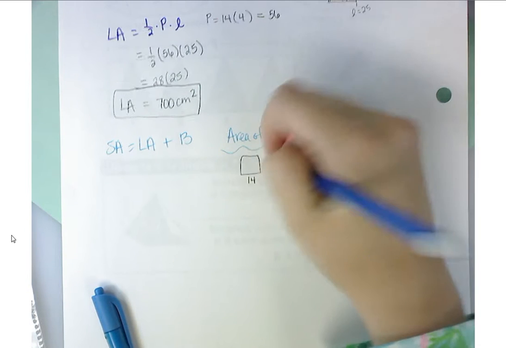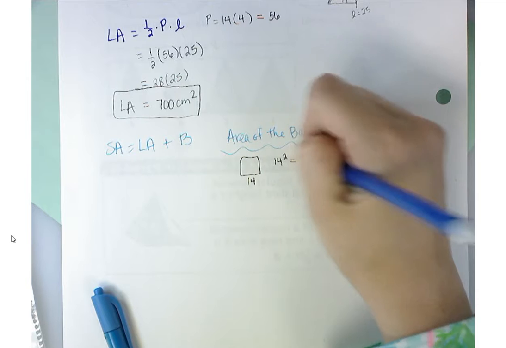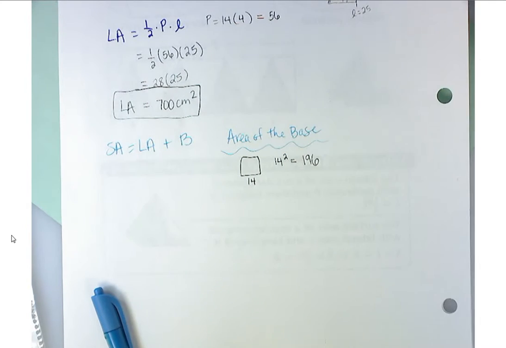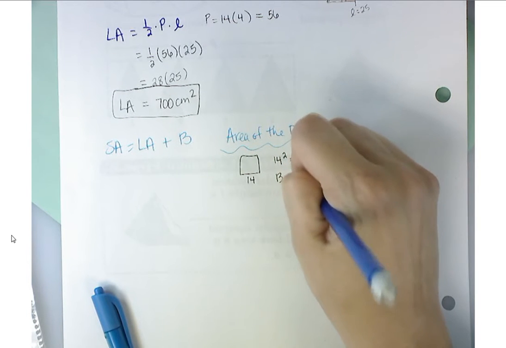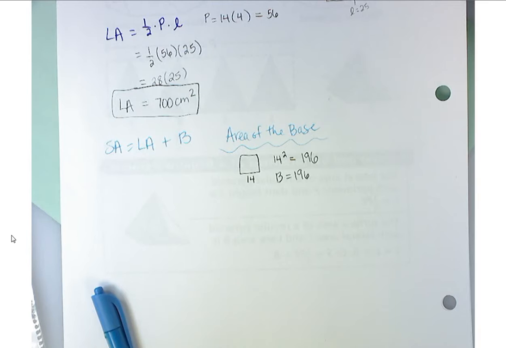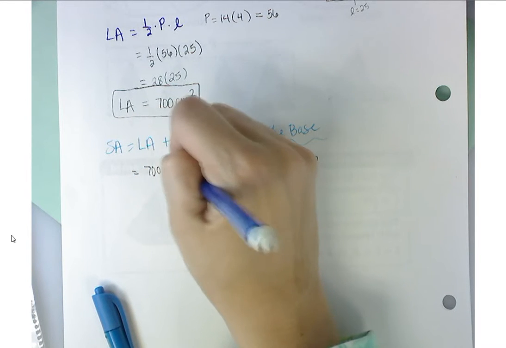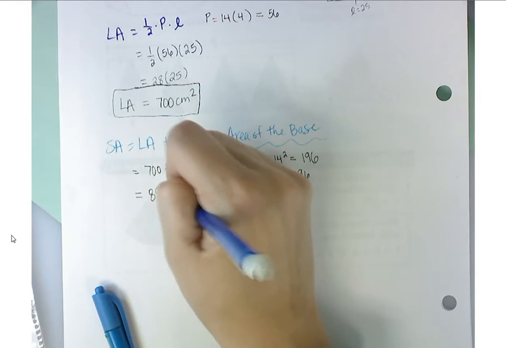Good, okay, so it's just going to be 14 times 14, or 14 squared, which in this case is 196. So the area of the base is going to be 196. So 700 plus 196 is going to give you 896.